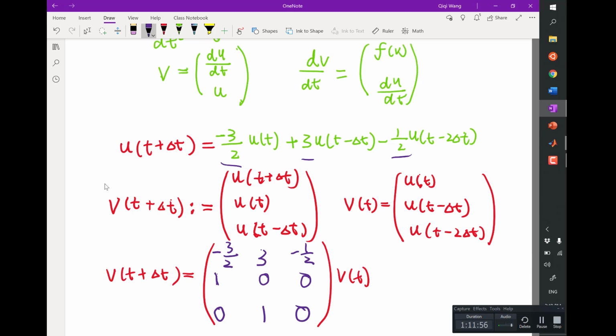And V of n delta t is going to be this matrix to the nth power times V0, right? So if this matrix to the high power is going to be stable, then my scheme is stable. And what we observe is that very possibly the matrix to a high power is going to be something huge.